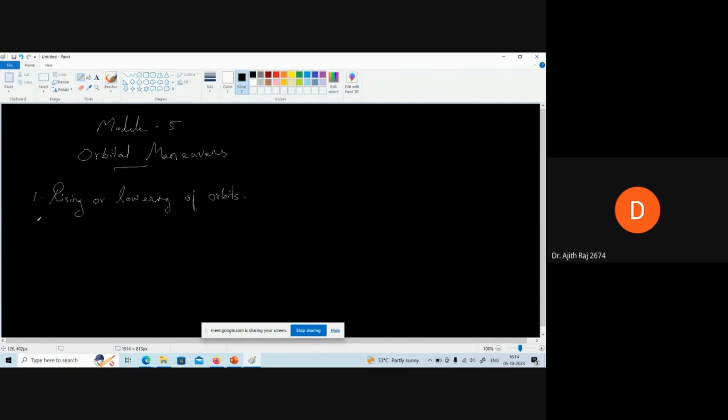One situation. Second thing, let us say station keeping. We have discussed the gravitational pull. Let us talk about the earth, let us say it is an earth orbit. So the satellite is bound to the gravitational pull of the earth.